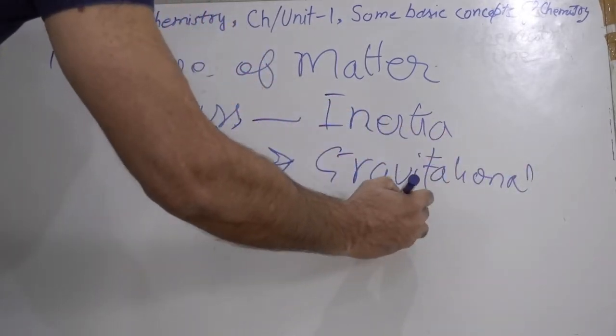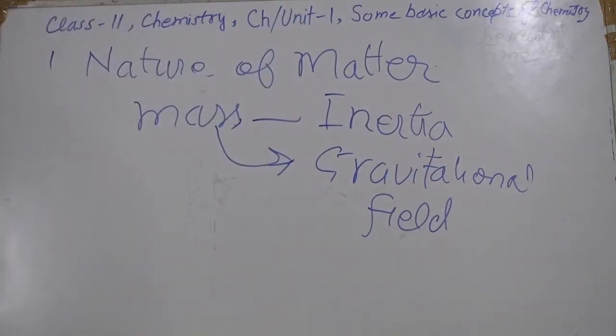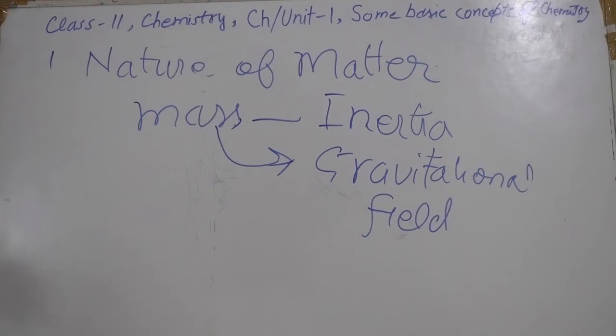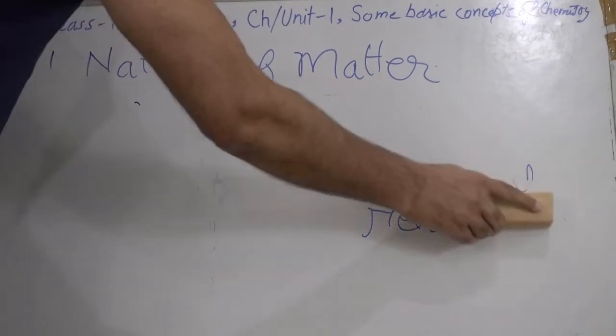Gravitational field means it exerts gravitational force of attraction on any other object having this property. So many times students get confused between mass and weight.